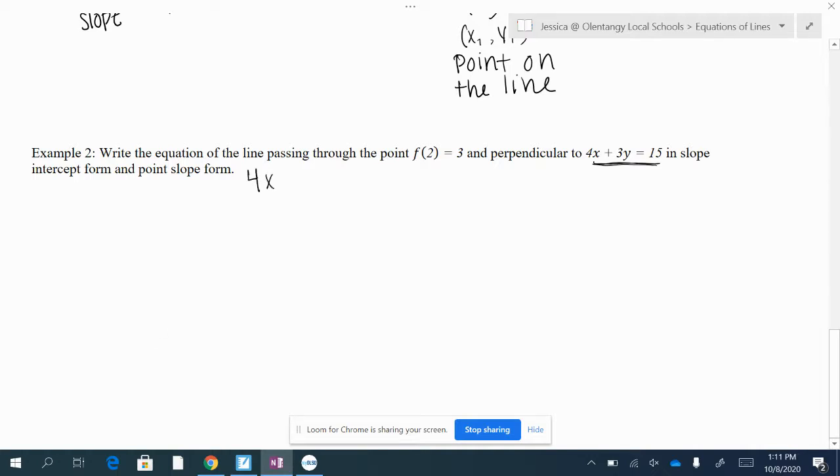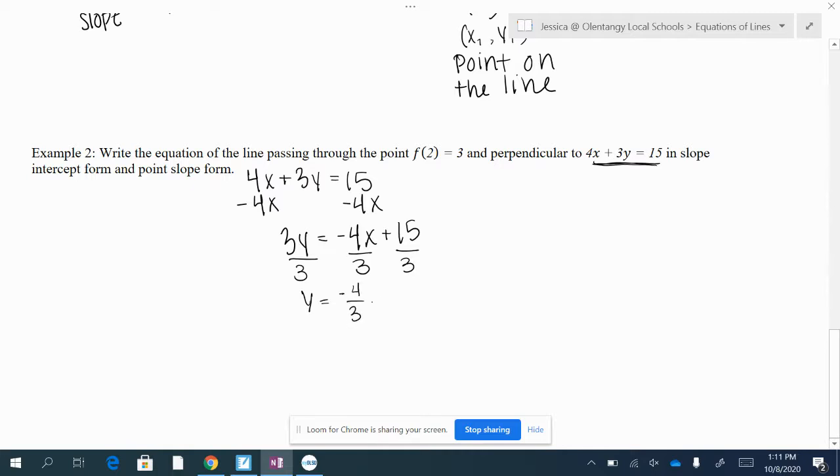So 4x plus 3y equals 15. Let me solve for y, so I'm going to subtract 4x over, 3y equals negative 4x plus 15. Divide by 3 to every term. So y equals negative 4/3 x plus 5.